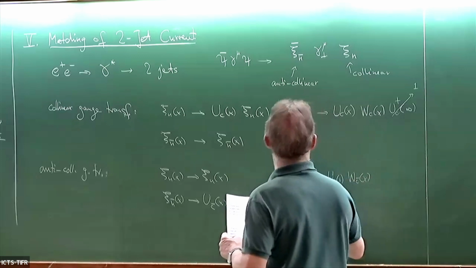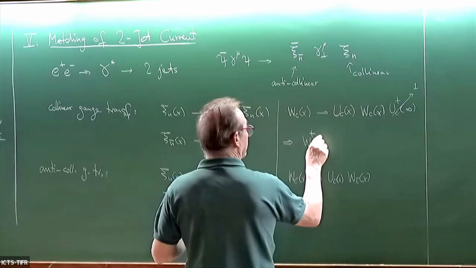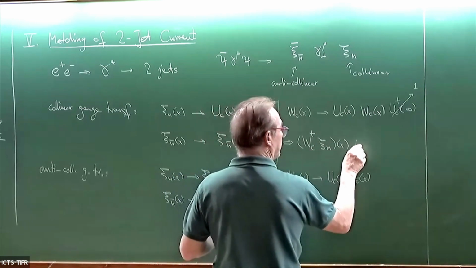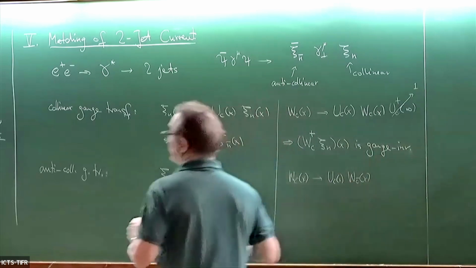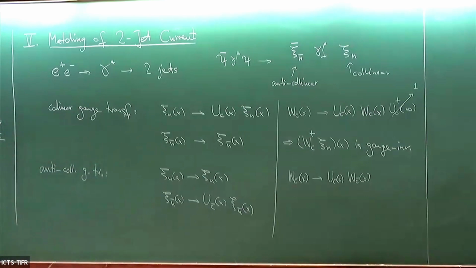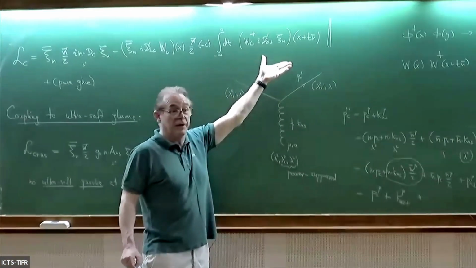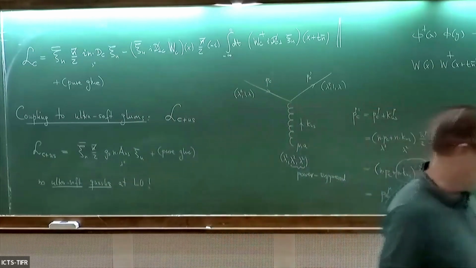And this is such that the product W dagger psi of x is gauge invariant. This was exactly the reason why I said earlier that we can have this field W dagger psi at a different point from this field, because in that combination they are gauge invariant under collinear and anticollinear gauge transformations.